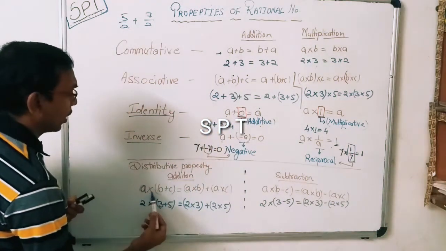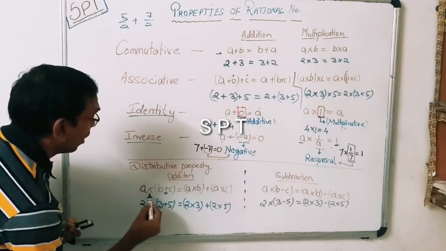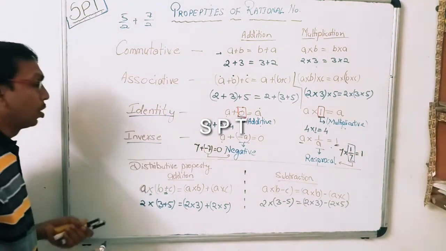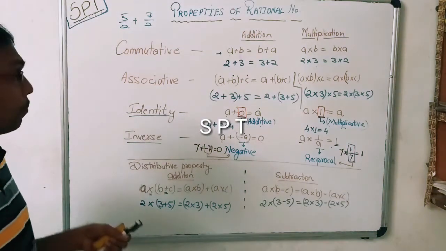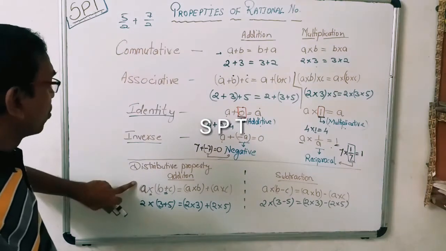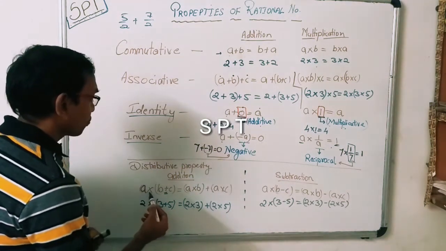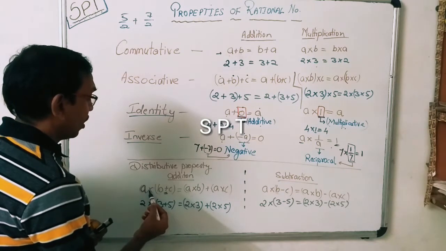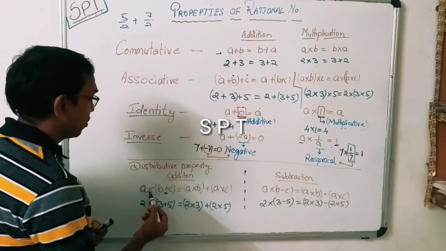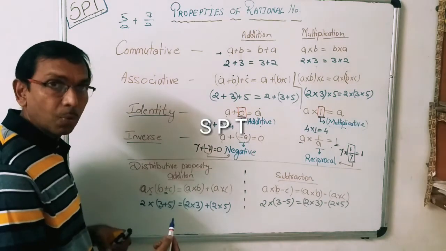Here one is multiplication and one is addition. So this is the point to note and identify whenever there is a question we need to apply, and there is a confusion whether to apply associative or distributive. So the sign is the key. Sign matters. One sign outside the bracket is multiplication and inside the bracket is plus, addition.